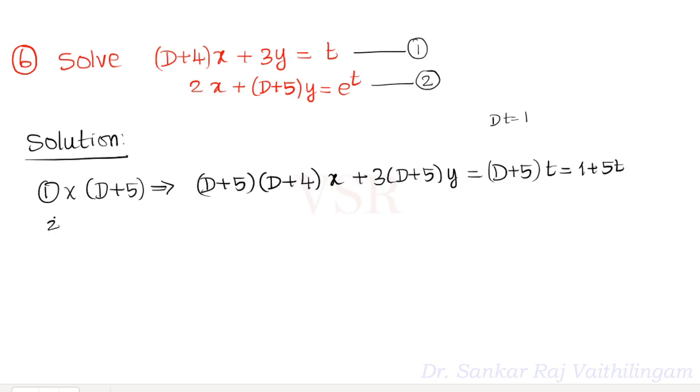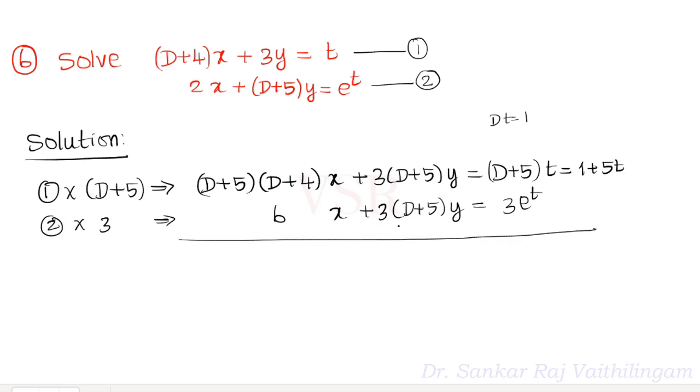So the second equation multiplied with 3. This implies 6x plus 3(D plus 5)y equals 3 times e to the power t, 3 e to the power t. Okay, now let us subtract this equation.